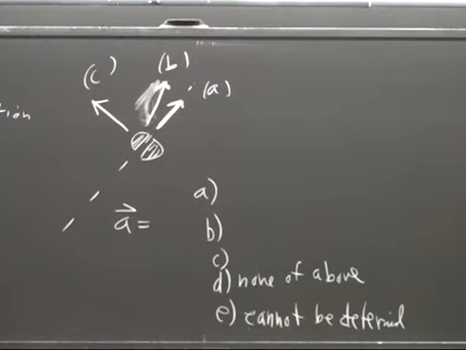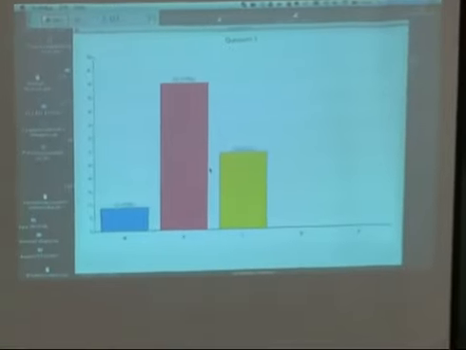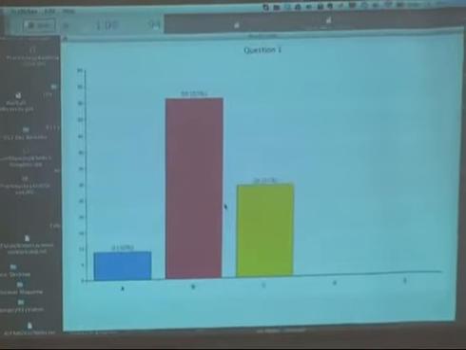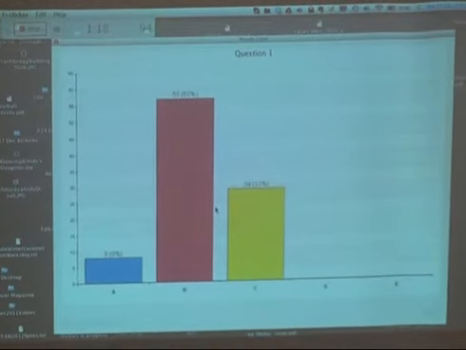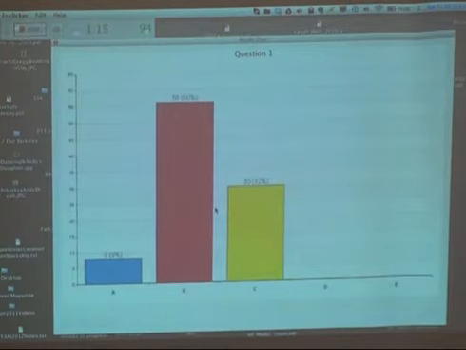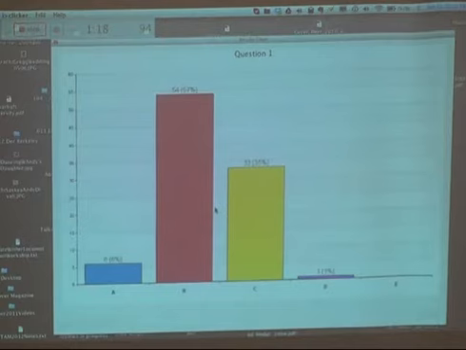Okay, does anybody want to advocate for one of these positions or another? You can keep voting if you want to. Yes? I'll advocate for C because there's no force along the line, along the rod. Okay. See how persuasive you are.